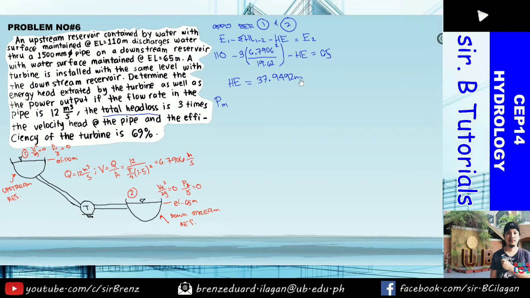Okay, so once na meron na tayong heat extracted, we can now compute for the input power. To solve that is equal lang sa Q gamma of the heat extracted, where yung Q is given na 12 cubic meter per second, so 12 times 9.81 multiplied by 37.9492.